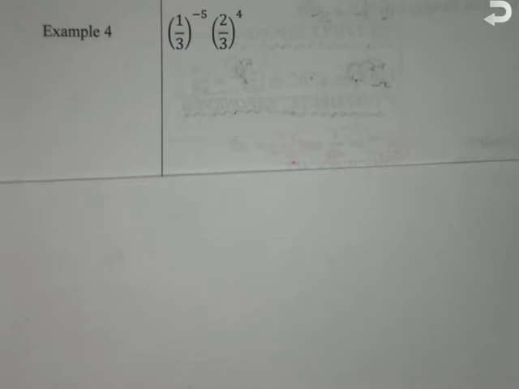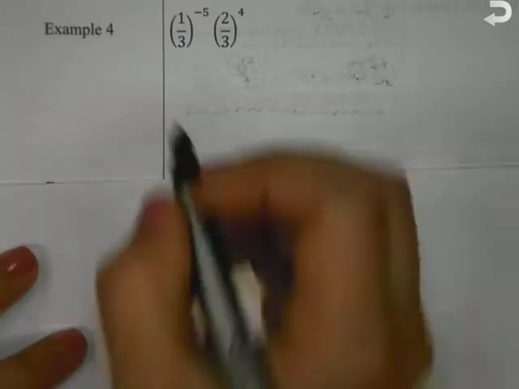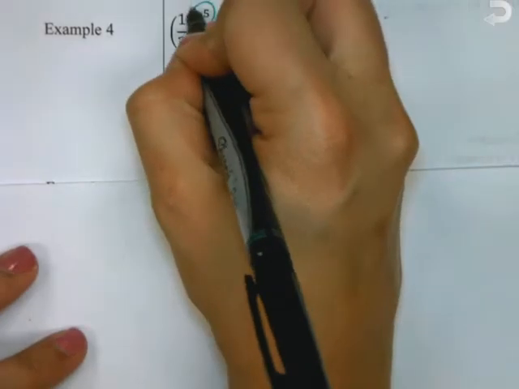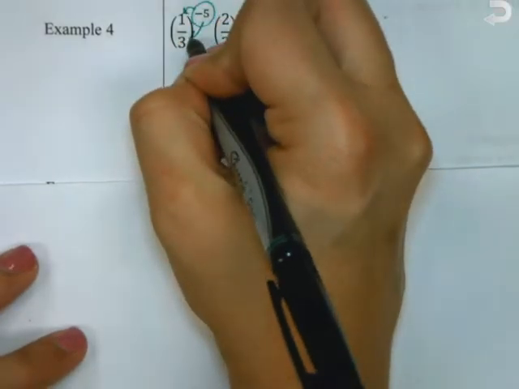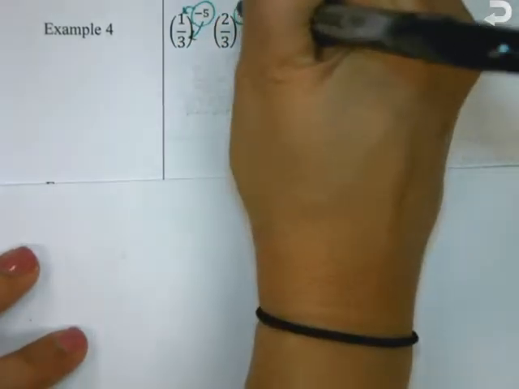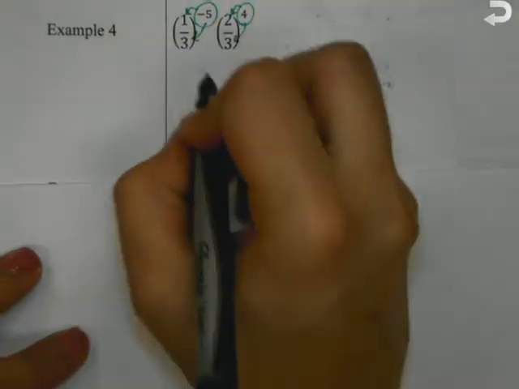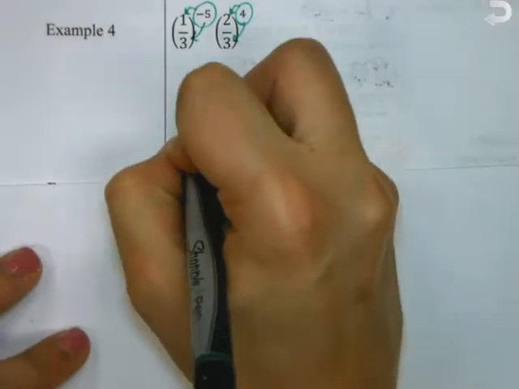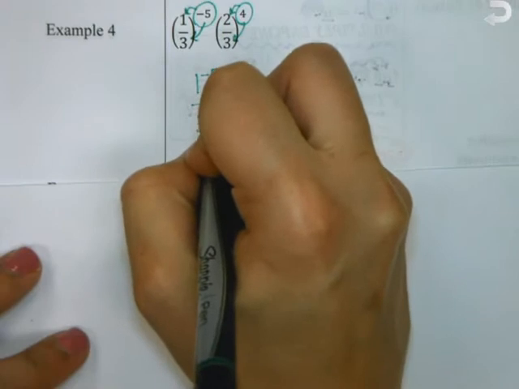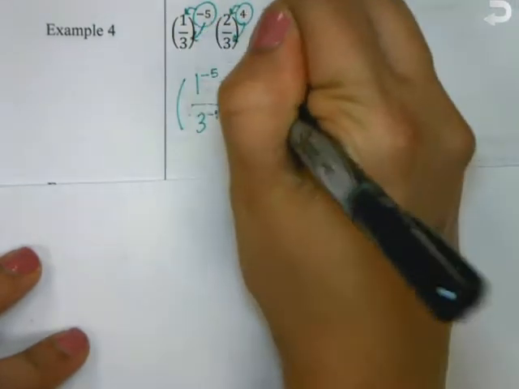Distribute the exponent. So 1 goes to the top and then it also goes to the bottom, and we're going to do this with both of them. So rewriting this is going to be 1 to the -5th over 3 to the -5th times 2 to the 4th over 3 to the 4th.